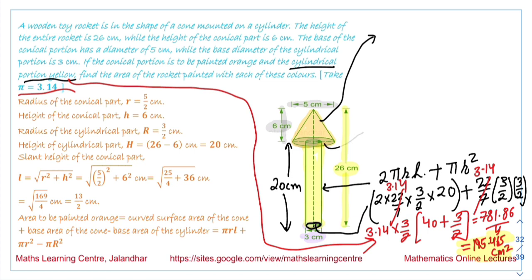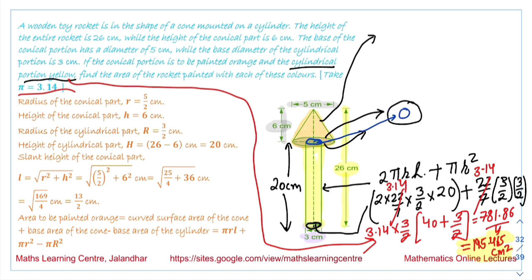And if we look at this bottom part over here, we have a circular region corresponding to this cylinder, and this is the circular region corresponding to the cone.